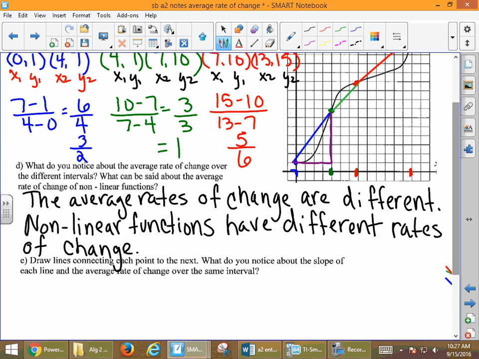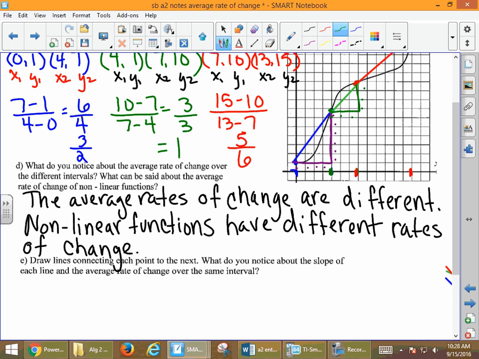Rise over run. 1, 2, 3, 4, 5, 6. 1, 2, 3, 4. There's our 6/4. And then in our next, we've got rise, 1, 2, 3. 1, 2, 3.